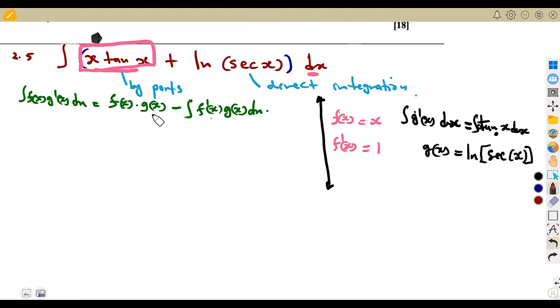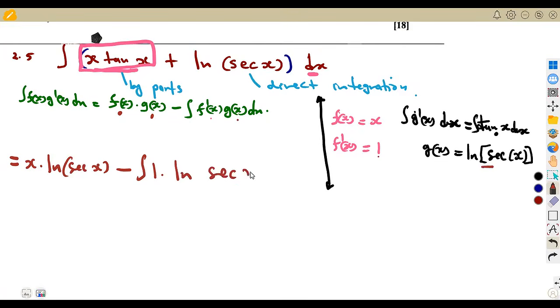So this is going to be equal to f of x times g of x, which is x times ln of sec x, minus the integral of f prime x, which is 1, times g of x dx, which is the ln of sec x.